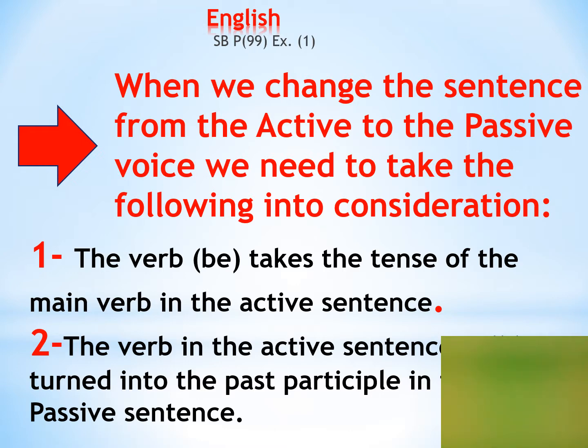If the verb in the active sentence is in the present, be should be in the present. If it is in the past, be should be in the past, and so on. The second thing is that the verb in the active sentence should be turned into the past participle in the passive sentence.